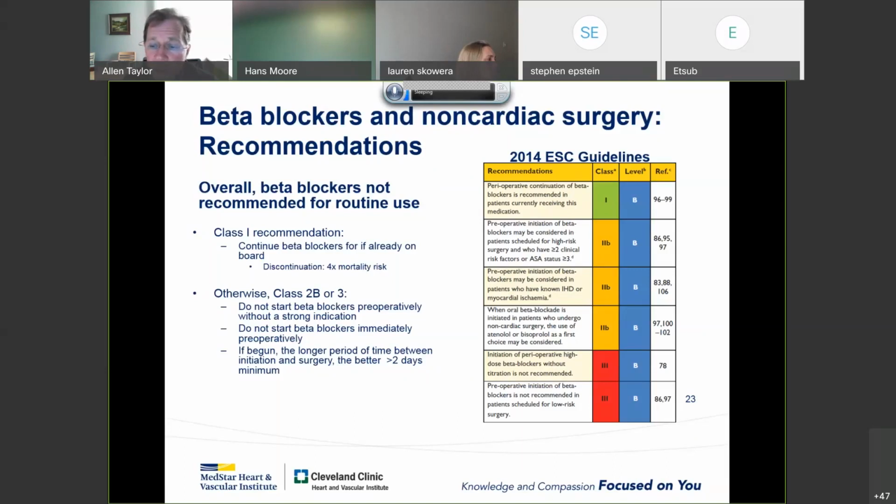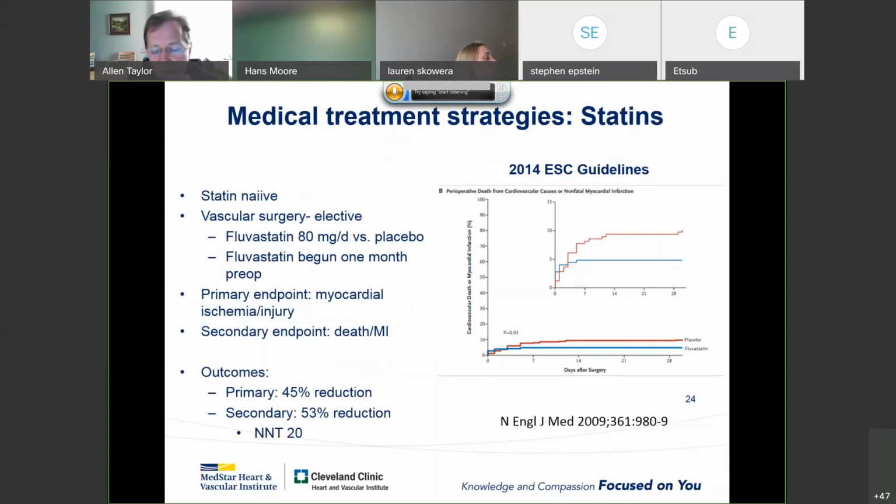Otherwise, all recommendations for beta blockers are class 2B or 3. Beta blockers should not be started preoperatively without a strong indication. They should not be started immediately preoperatively. That was a strategy used in POISE 1. And if begun, they should be done as far preoperatively as possible. So beta blockers have kind of come and gone, and they're back again a little bit.